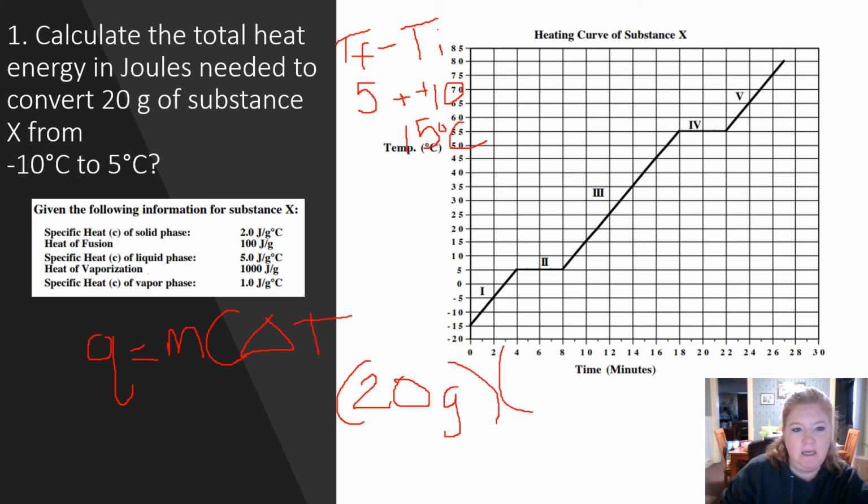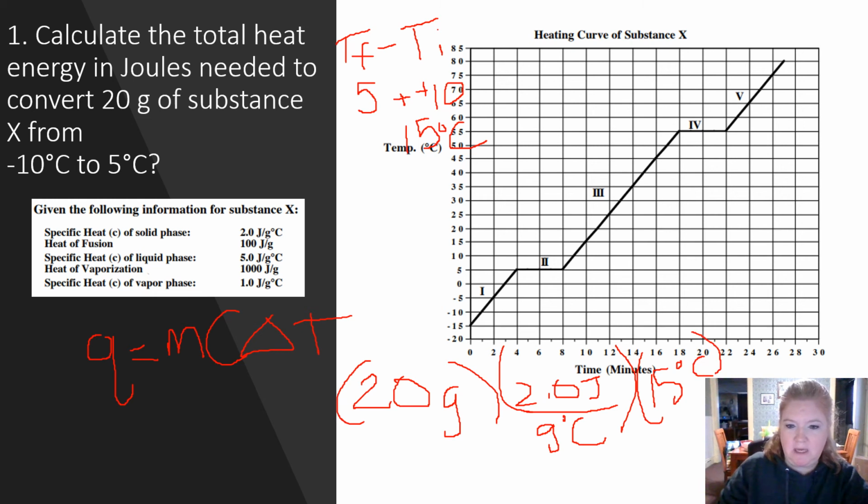My c, specific heat of the solid, so I need this one, 2.0 joules per gram degrees Celsius, means it is on the bottom, times my temperature change, which was 15 degrees Celsius. So what cancels out? Degrees Celsius, grams, grams. I'm left with joules.